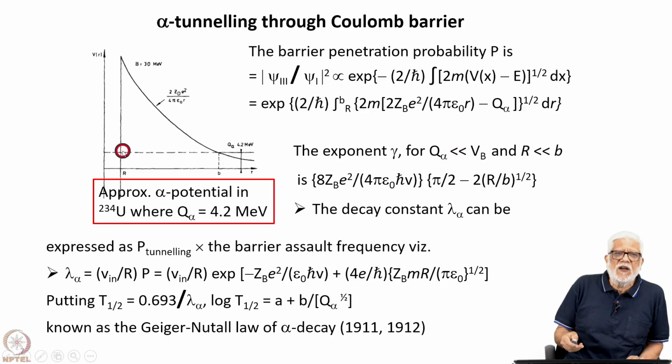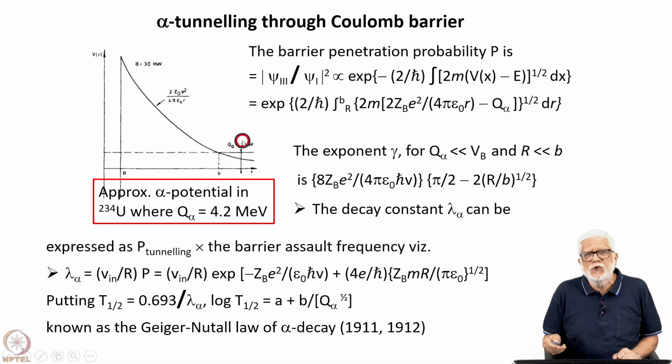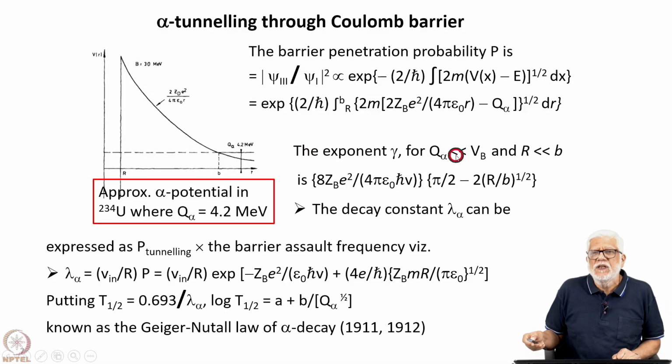Suppose you take this to be 5 MeV and the barrier, for A equal to 200 to 240 nuclei, is of the order of 20 MeV or thereabouts. So this fraction is typically about 0.25 or even less, and so this is true, Q alpha is less than Vb, and for r less than this turning point, this exponent leads to a tunneling probability.